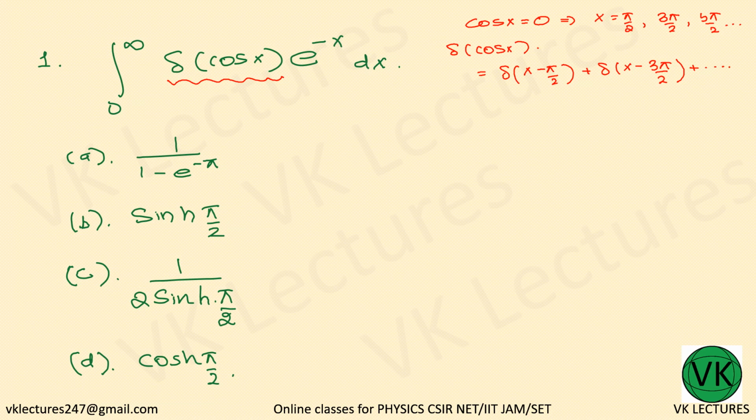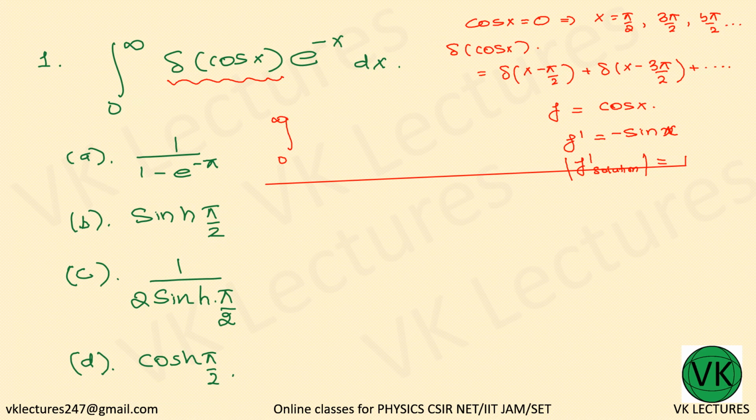Also, the function f is equal to cos x, f dash is equal to minus sine x, and f dash at all the solutions has magnitude equal to 1.